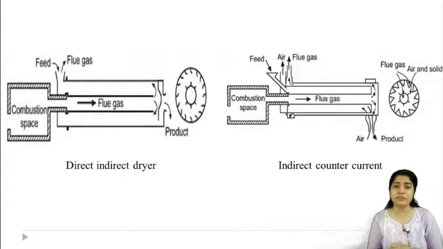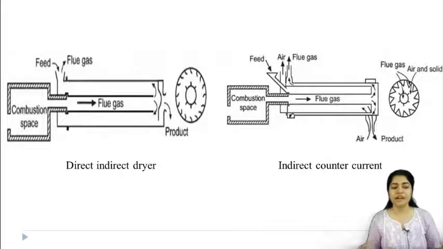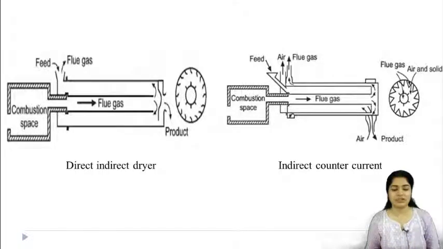So the mode of operation is both direct and indirect, as your flue gas is passing through the center, so at that time indirect contact is there. Now when your flue gas comes in contact with the feed, then direct drying occurs. So this is your direct indirect dryer.